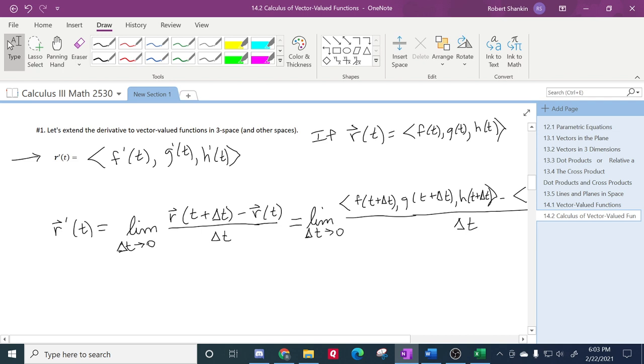It's the difference between these two vectors divided by a scalar. Now, when we take the subtraction of two vectors, that was like one of the very first sections, 13.1. We spent a lot of time in 13.1 with graphical interpretation of subtracting two vectors. So R of t plus delta t minus R of t.